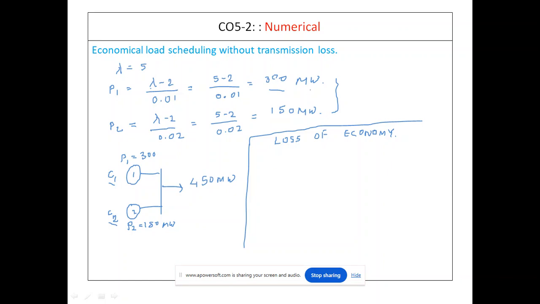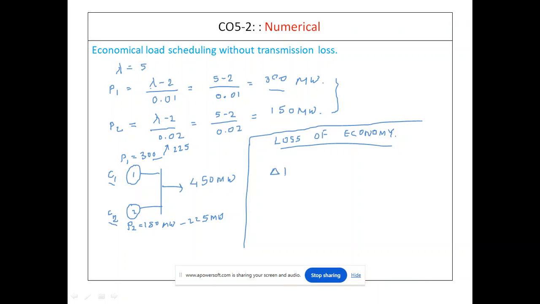Now this means that if instead of generating 300 megawatt, it deviates from this, say we generate 225 megawatt. If they are doing equal sharing, that is 225 megawatt each, they are deviating from their economical scheduling. Then there will be loss. That is what we call the loss of economy. So how to calculate the loss of economy?